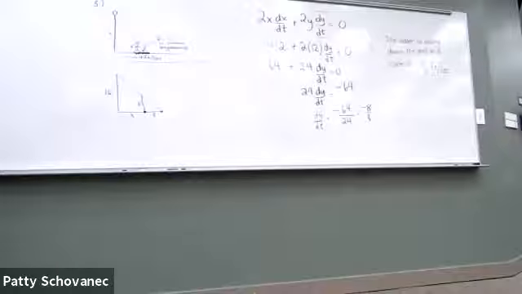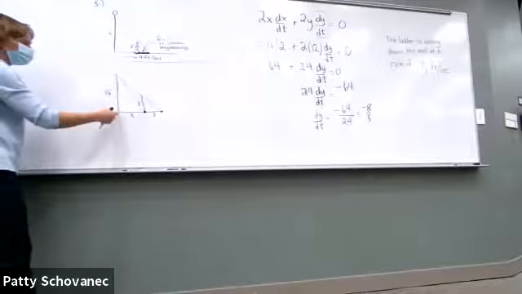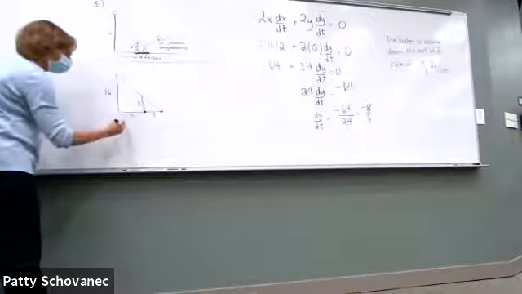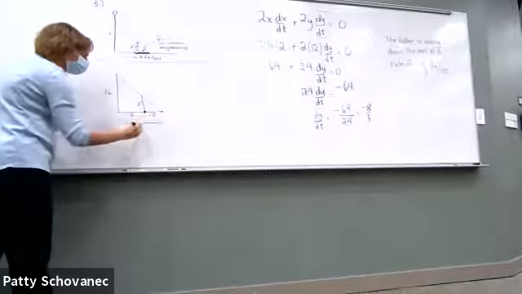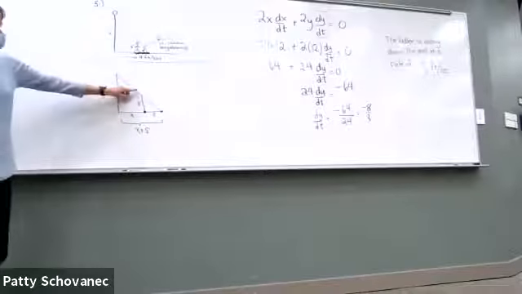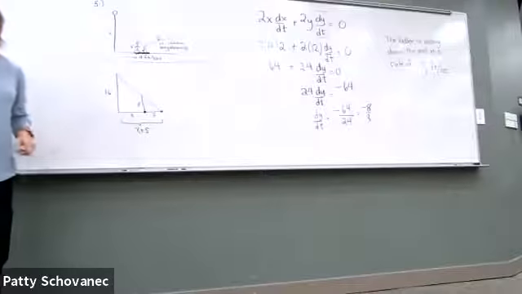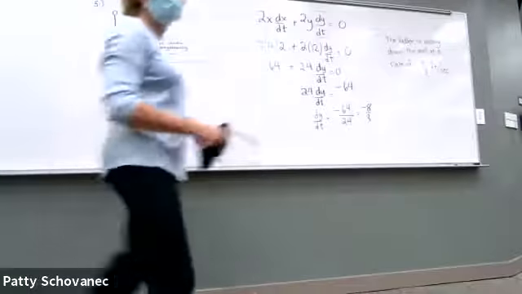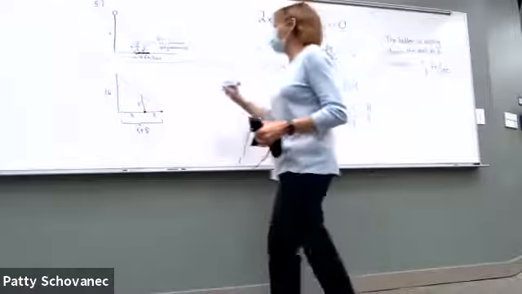So does this picture make you think of anything? Similar triangles. We've got the big triangle whose leg is 16 and other leg here is x plus s. And then we have a little triangle whose leg is 5 and whose other leg is s. So we can set up proportions by similar triangles.